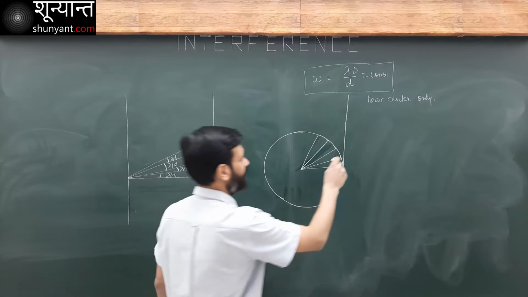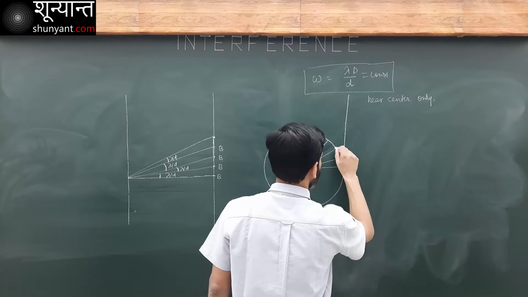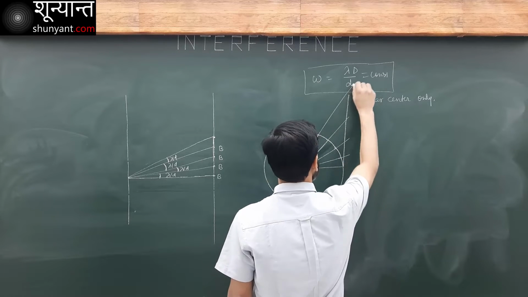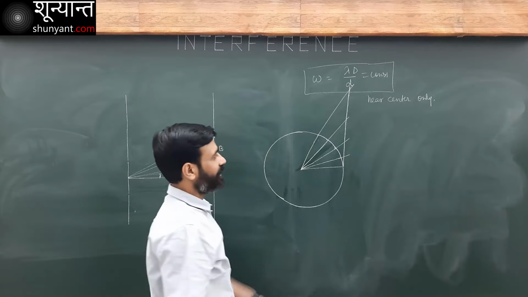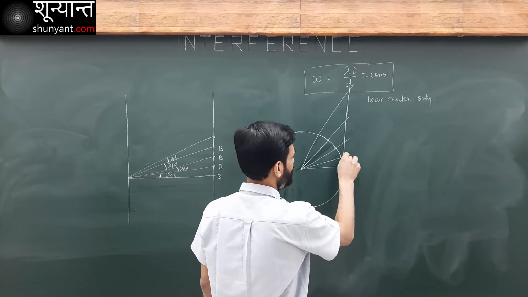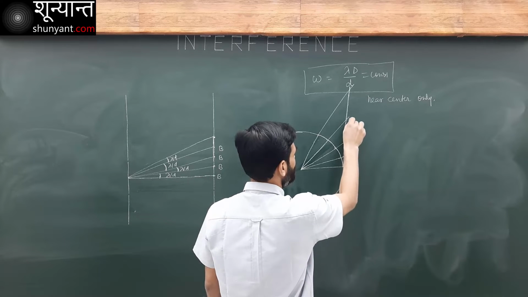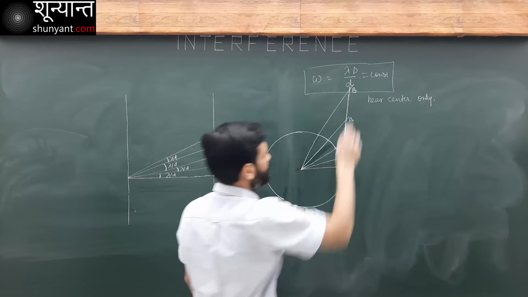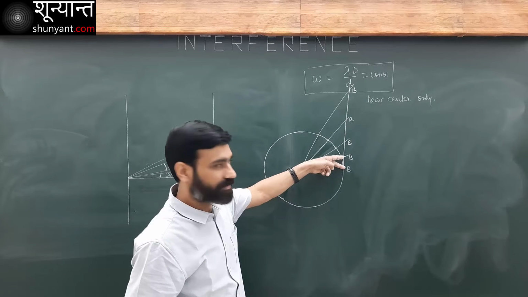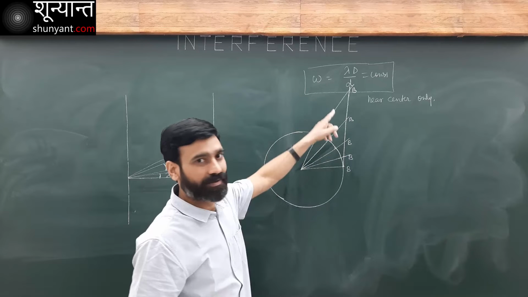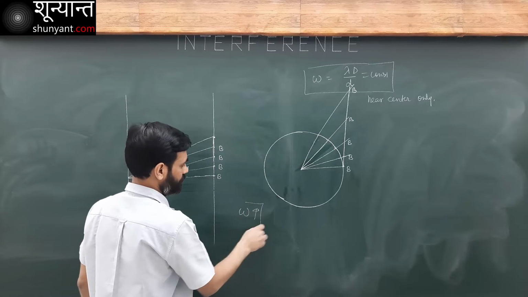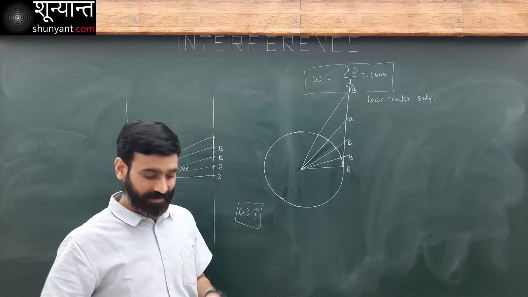If I just extend it, it will become immediately clear that they are not going to be the same. This distance keeps on increasing. I have one bright fringe here, another here, another here. The fringe width, the linear distance between two bright fringes, keeps on increasing. So the answer to that part is that omega increases as we move away from the center.